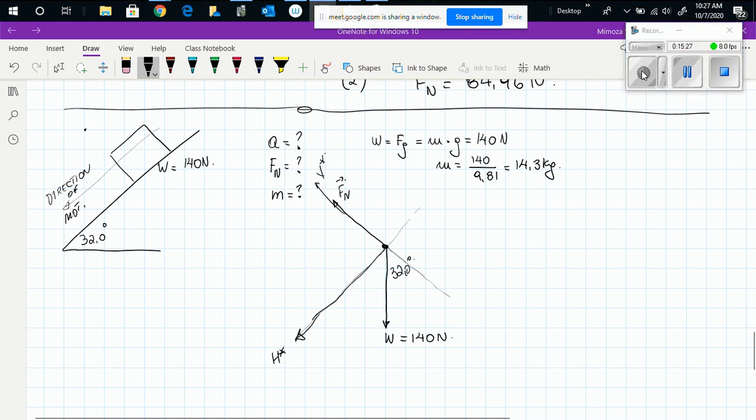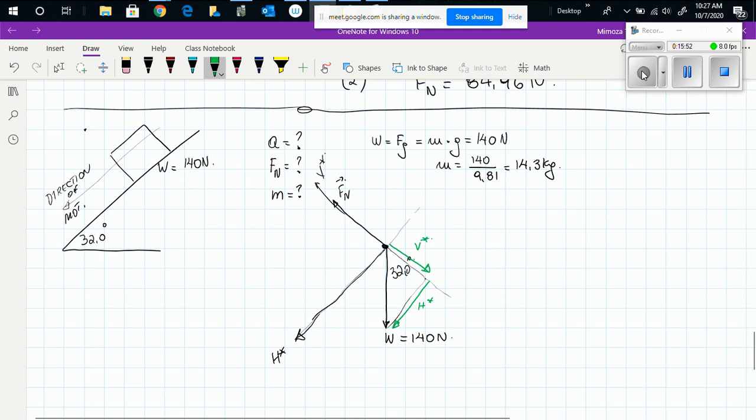So now from here, we construct the right angle triangle. In this way, we create the horizontal component of the force of gravity and the vertical component of the force of gravity. So this is the horizontal and this is the vertical.